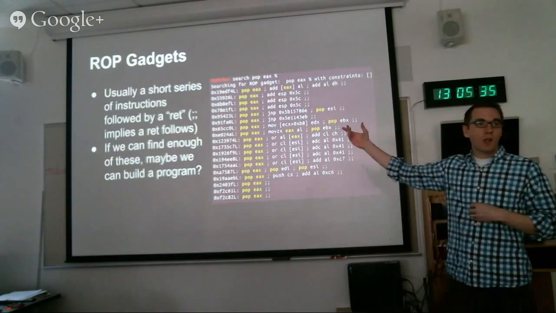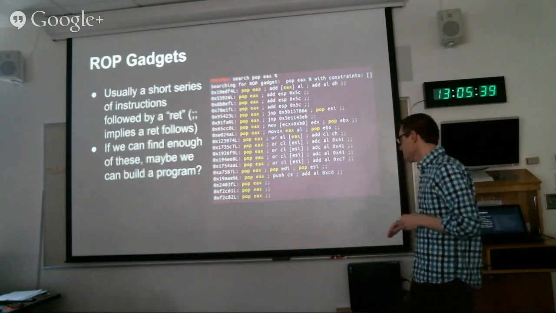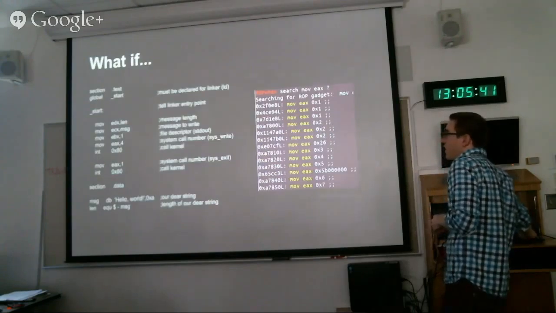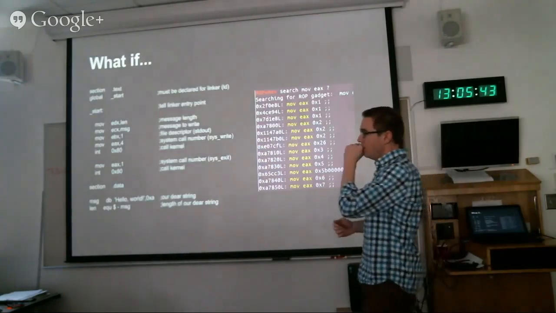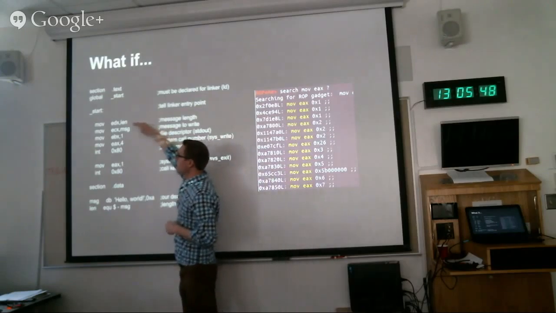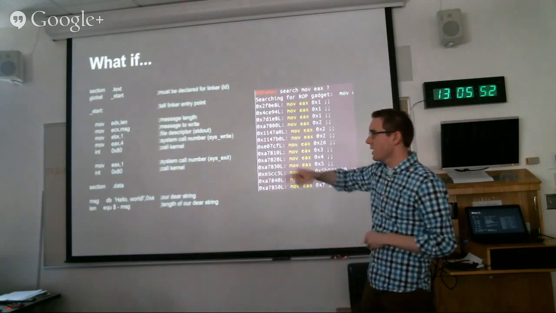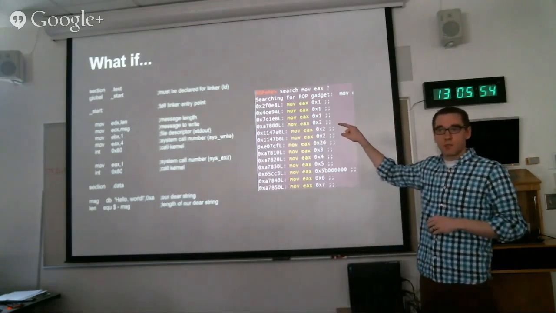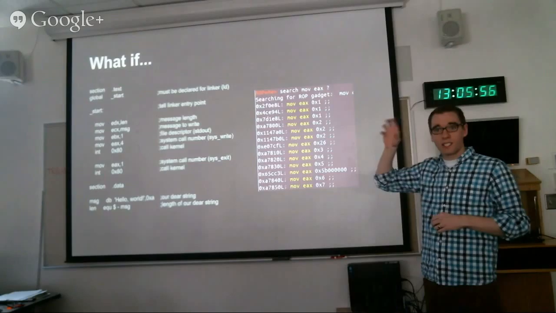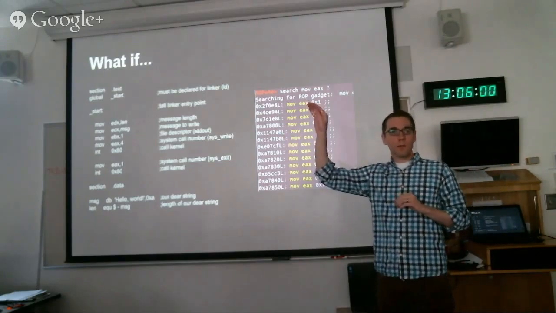Like with that hello world example, I think that's the next slide. Yeah, this one. With this hello world example, we have these commands: move length into EDX, move message into ECX, move 1 into EBX, move 4 into EAX. If we can find places where commands like that already exist in memory, we could essentially write this whole program by just saying, go here in memory.